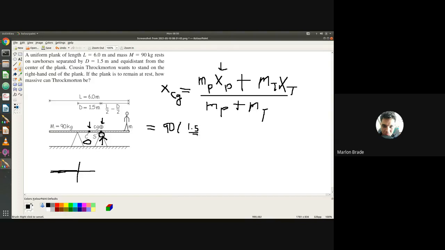Correct? Yes, sir. This is the center of mass of Planck, and this is now my center of gravity. But it is to the left, so emphasize that it is negative. Okay?